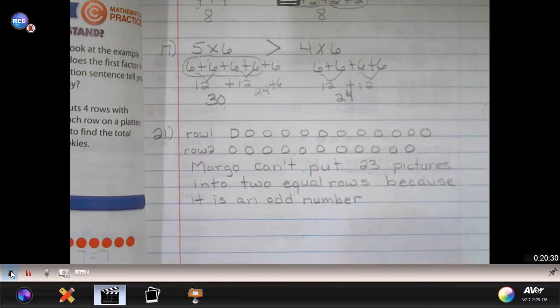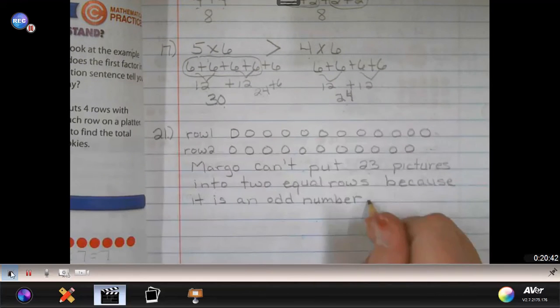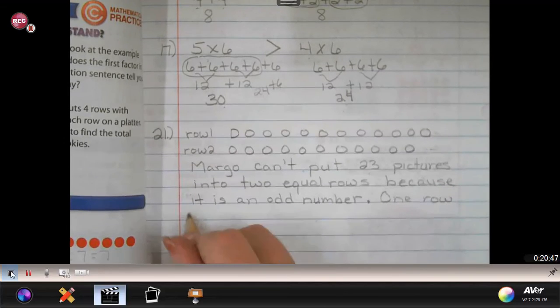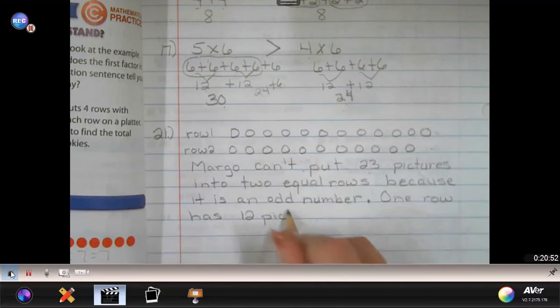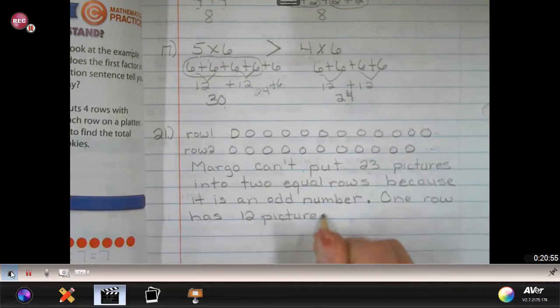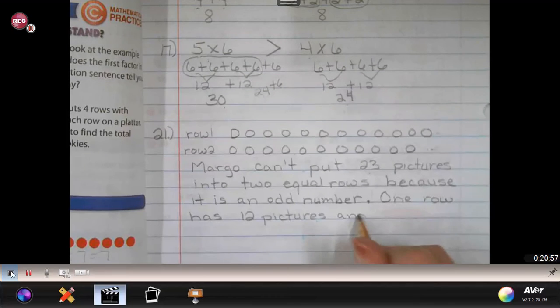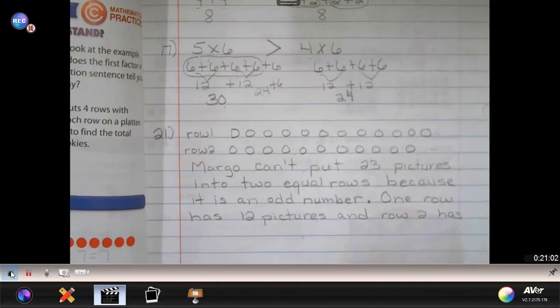so that's one reason. We can also state that one row would have 12 and the other row would only have 11. So we can say one row has 12 pictures and row 2 has 11 pictures.